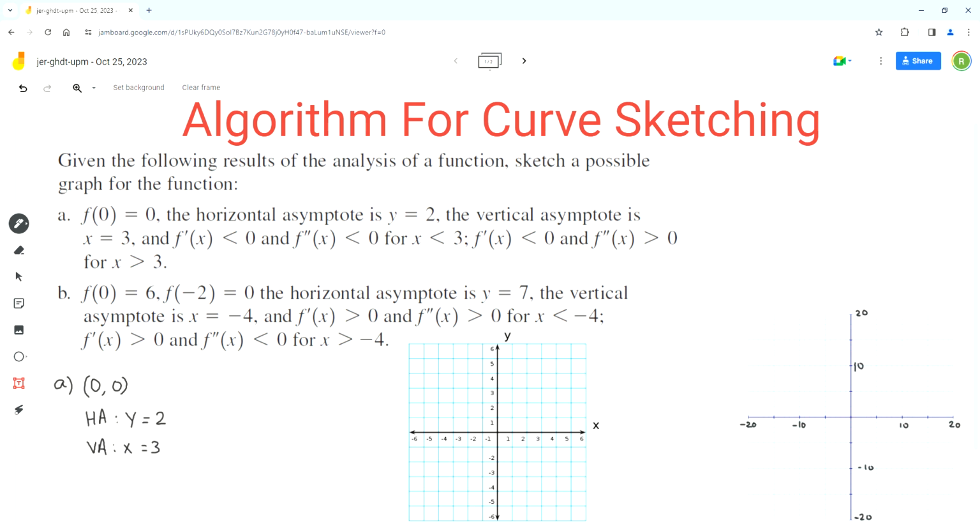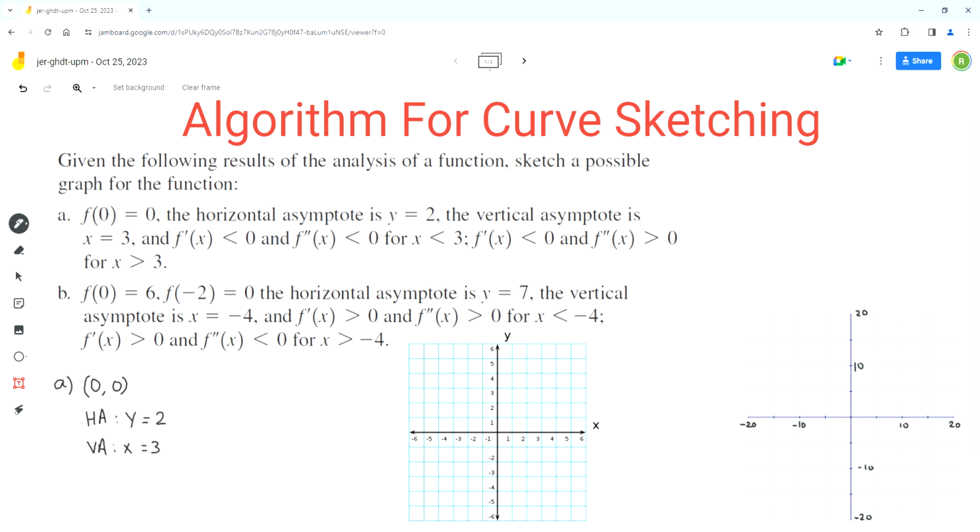And the first derivative of the function is less than 0 and the second derivative of the function is less than 0 for x less than 3. So that means to the left side of x equals 3, the function is decreasing because f prime of x is less than 0, and the function is concave down because the second derivative is less than 0.